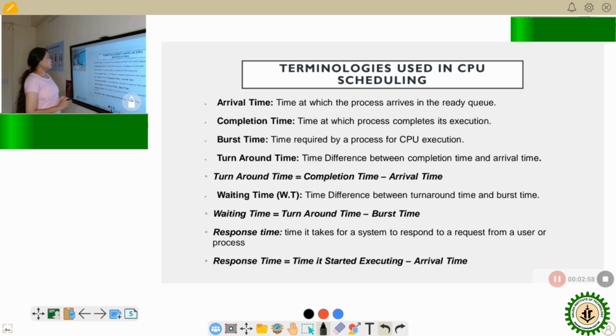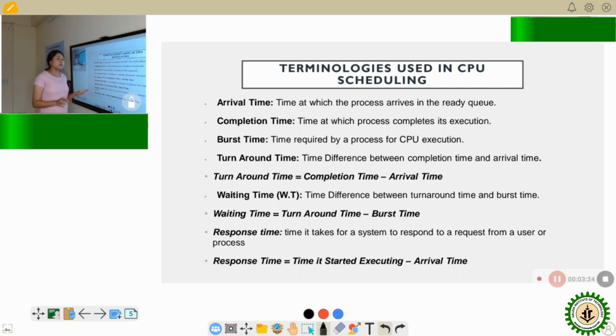Next, terminologies used in CPU scheduling. First we need to know these terms: arrival time, completion time, burst time and turnaround time. What is arrival time? The time when the process first arrives in the ready queue, that is, the process is ready to be executed. Completion time is the time at which a process completes its execution fully.